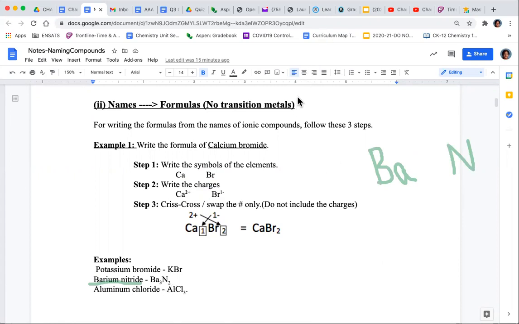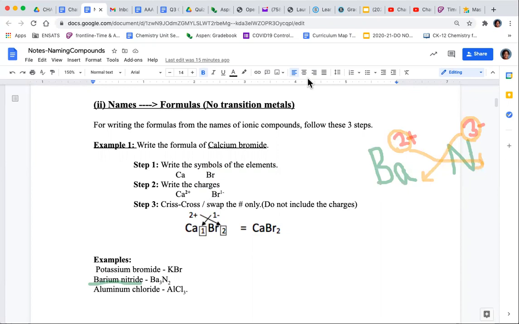First write the symbol, then write the charges. Using the periodic table, the charge for barium is 2 plus, and for nitrogen is 3 minus. Then I'm going to crisscross only the numbers, not bringing the positive or negative sign.